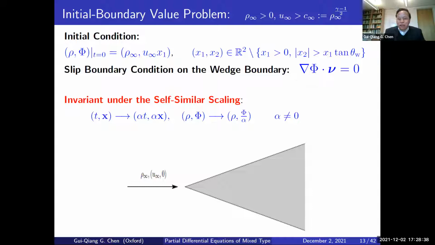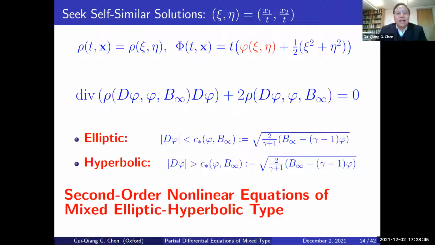So it's natural to look for self-similar solutions. For self-similar solutions, you introduce the self-similar variables xi and eta, and the density. Now the original three variables become two independent variables.